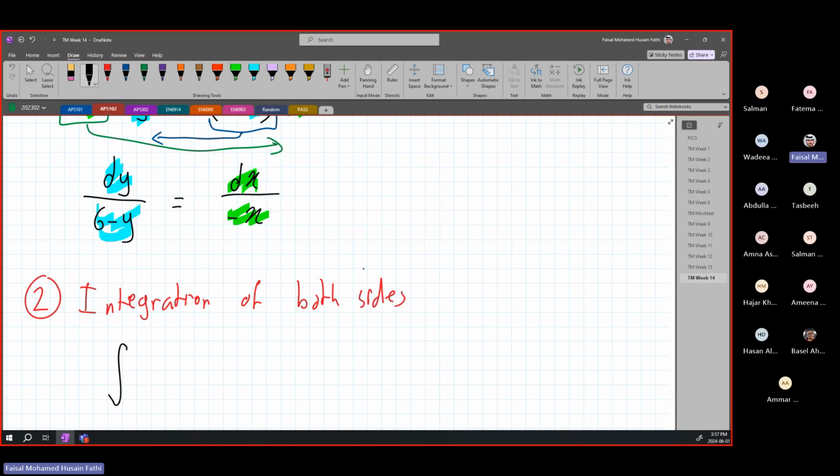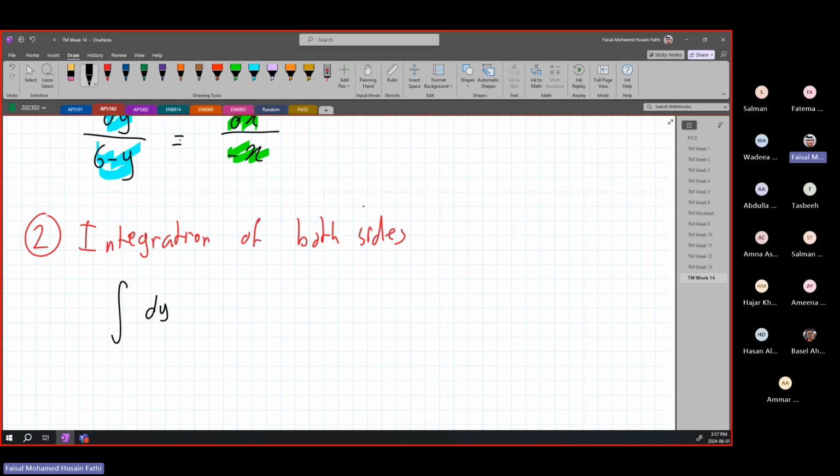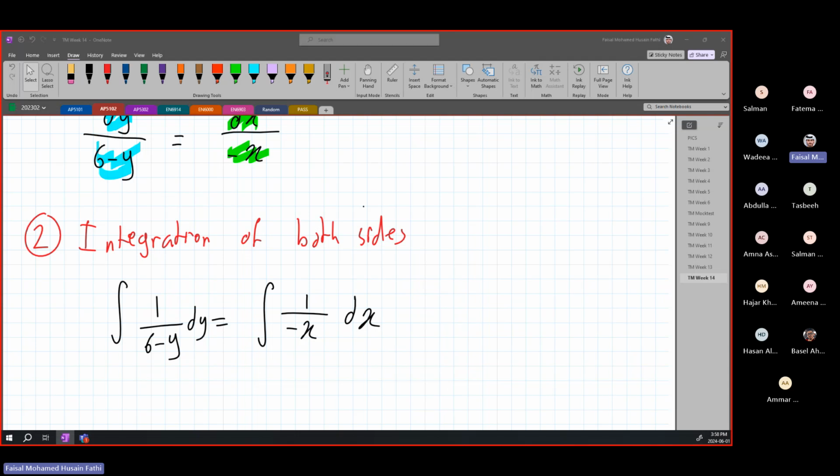So in other words, you are going to integrate dy by 6 minus y, or in simpler terms, this is 1 over 6 minus y dy is equal to integration of 1 over minus x dx. Okay? And that's pretty much it when it comes to separation of variables. You're just going to have to separate them, and you just have two steps. The first step is to separate, and the second step is to integrate.